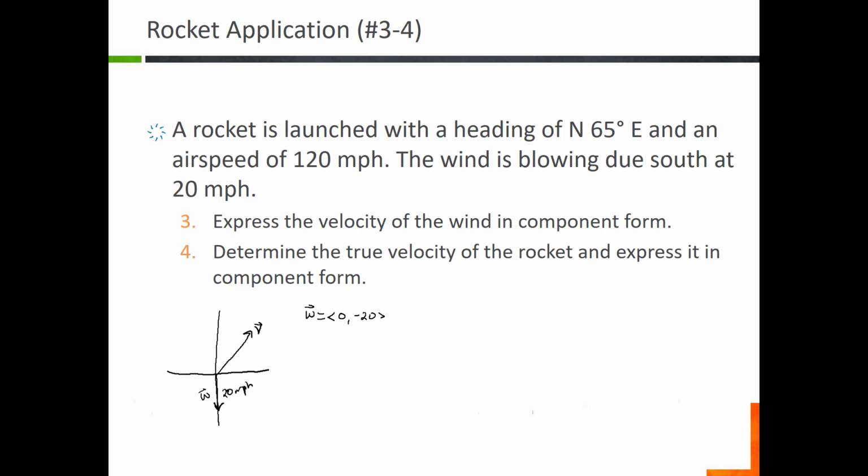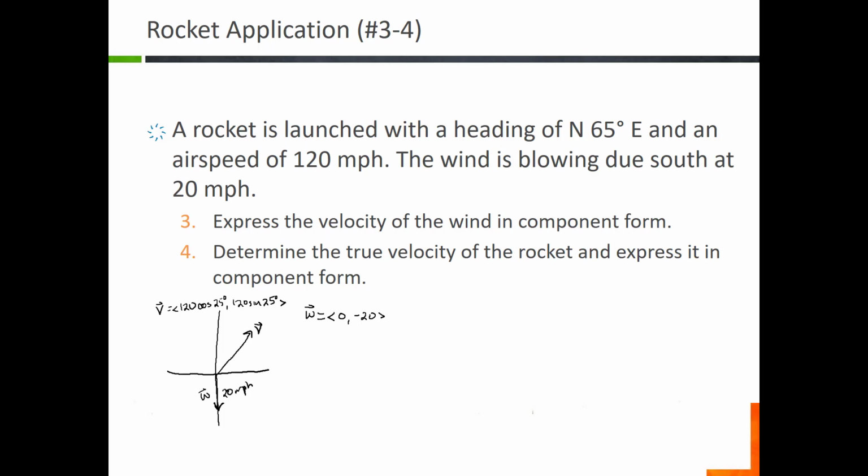If you remember, we already knew the velocity of the jet. It was 120 times the cosine of 25 degrees, and then 120 times the sine of 25 degrees. So we now know both vectors. We know the velocity for the rocket, and we know the velocity for the wind.